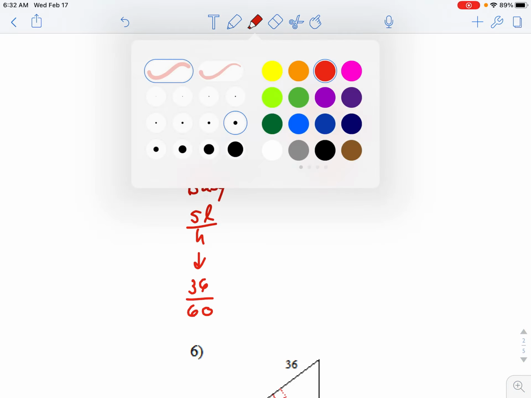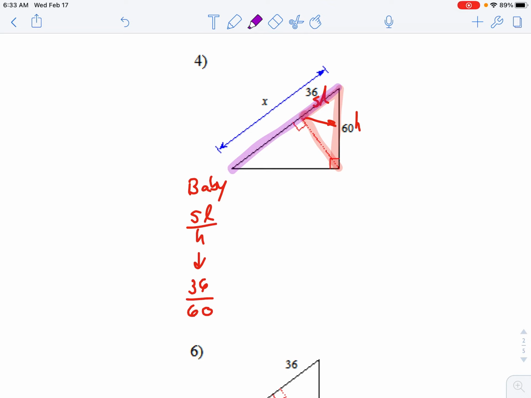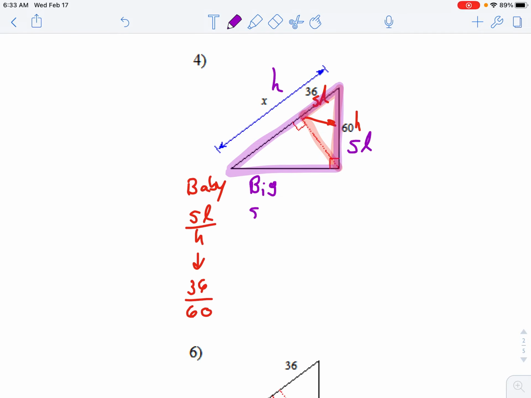And then I got the big bad triangle, the old man. All right. And in this case, the hypotenuse is X, the short leg is 60. But again, I like to write out my ratio with just SL and H's. It helps me keep my work organized. All right, 60 over X.